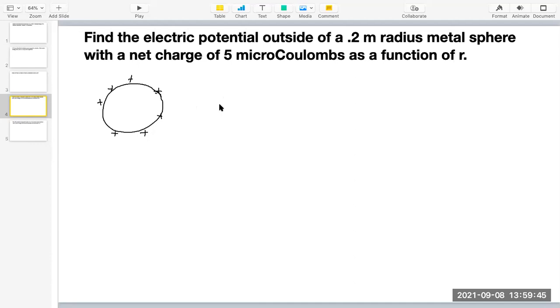See if you can work it out. Remember, by Gauss's law, the electric field of a spherically symmetric distribution of charge is the same as a point charge. So they'd make the same electric field. And we can set 0 volts to be infinite distance away.